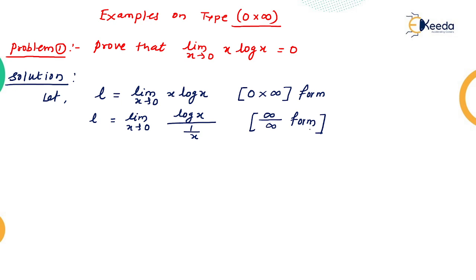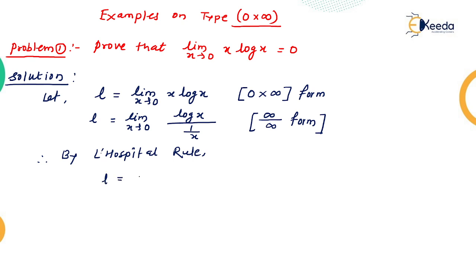I hope you understand this. Now by applying this adjustment, infinity by infinity form is there, and therefore by L'Hospital rule.